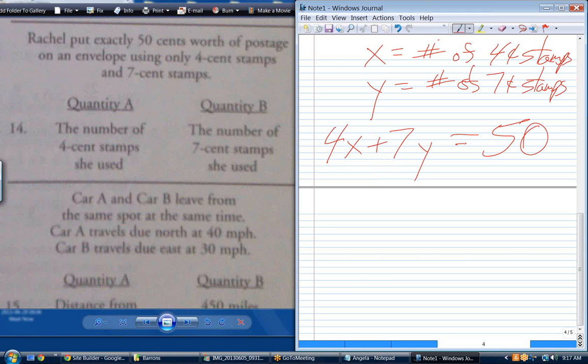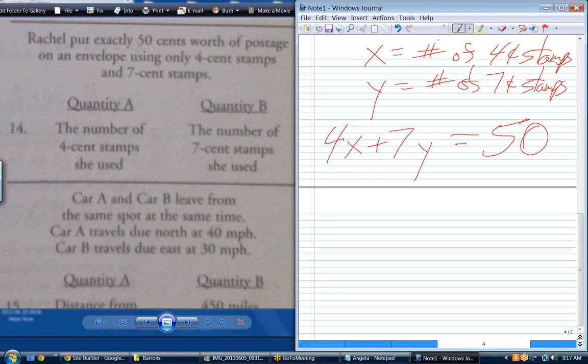Okay, now we do have some constraints. We know that y can't be more than 7. You see why? Yes. Okay, and x can't be more than what? 12.